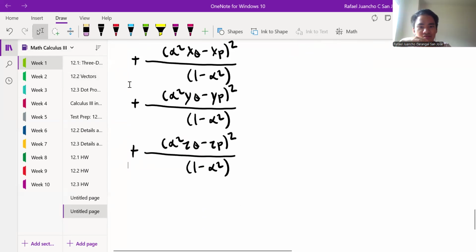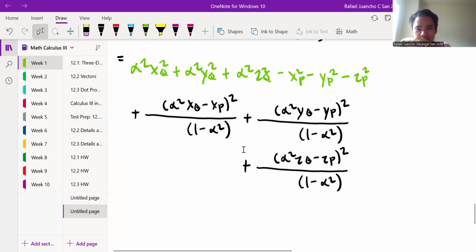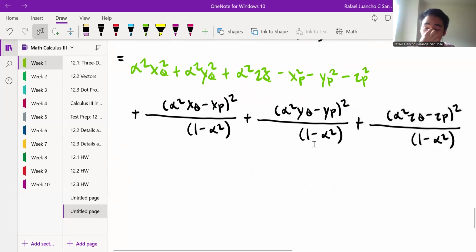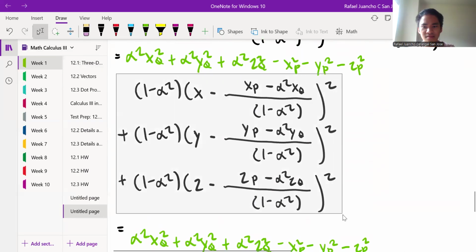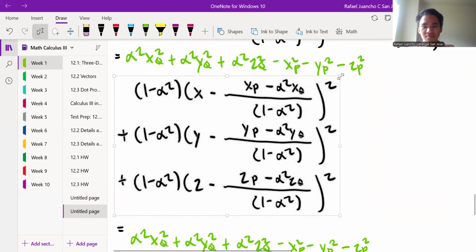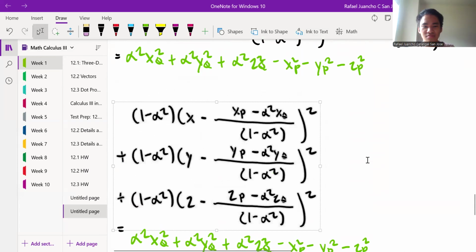Now let's see if I can make it nice. Oh, well that, it's not so bad. Yeah, so I can minimize. There we go.